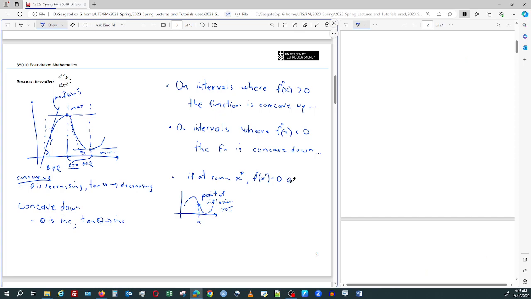And this is the important bit, and f double dash at that same x is negative, then x is a value where there is a local max.